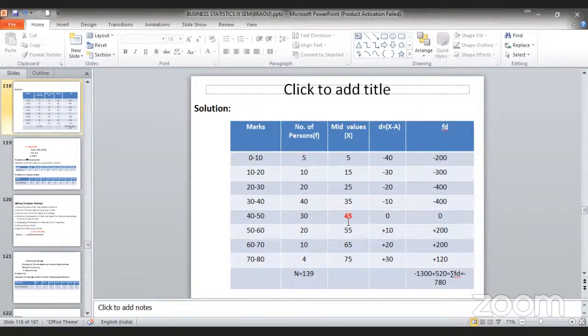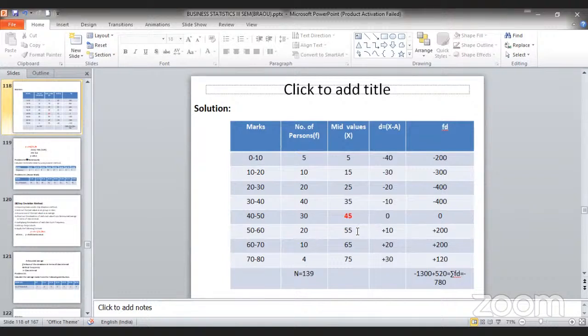So assuming the value is a 45. Got my point? So here X minus A. X is the 5, A is the 45. So 5 minus 45 is minus 40. 15 minus 45 is a minus 30. 25 minus 45 is a minus 20. 35 minus 45 is a minus 10. 45 minus 45 is a 0.